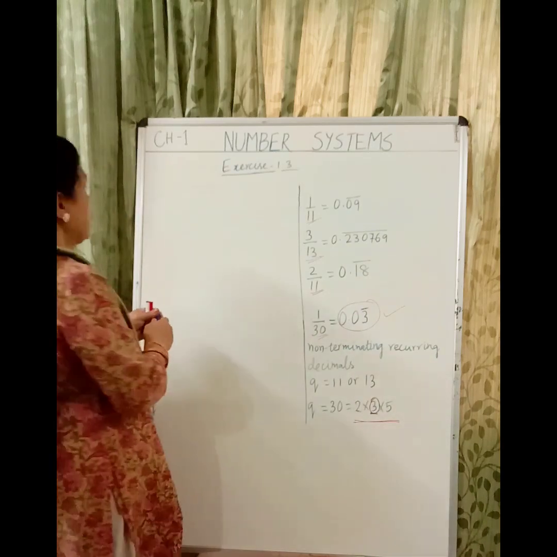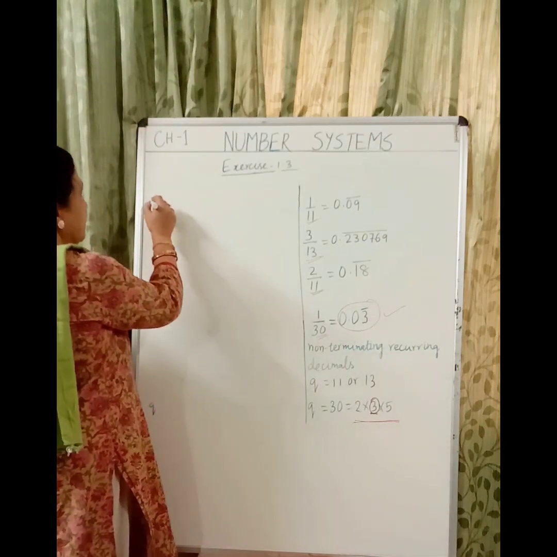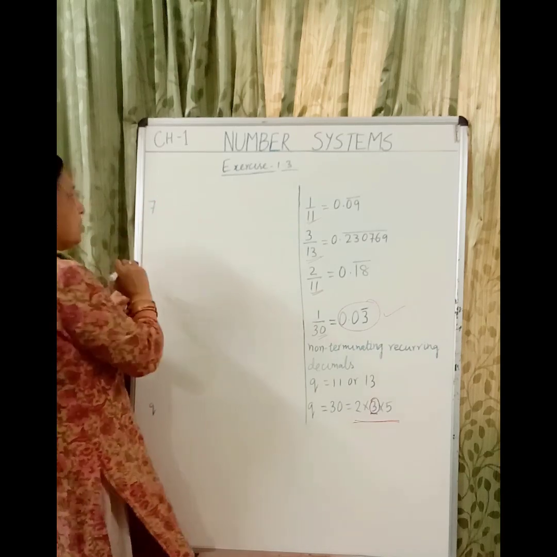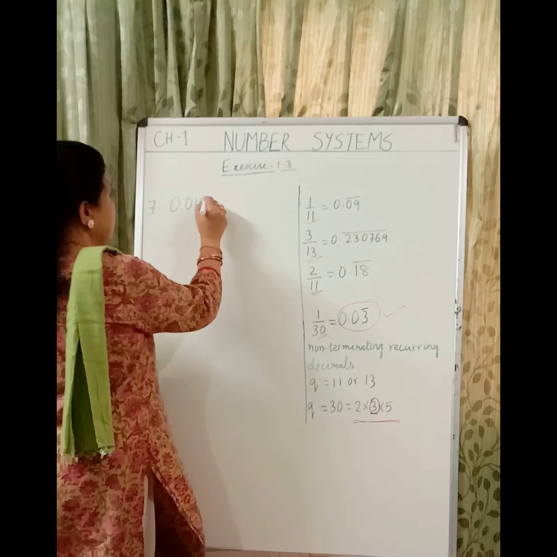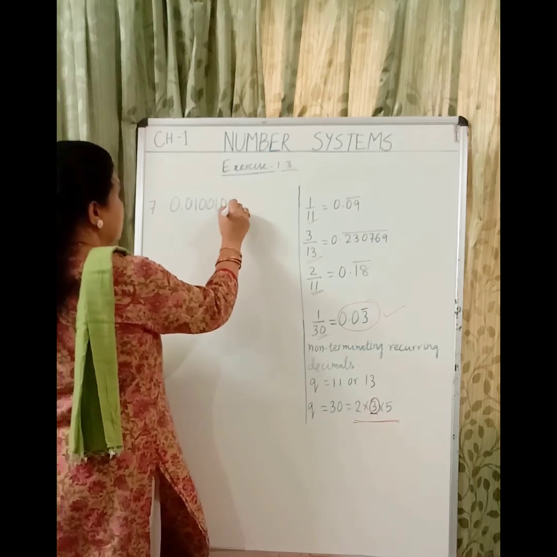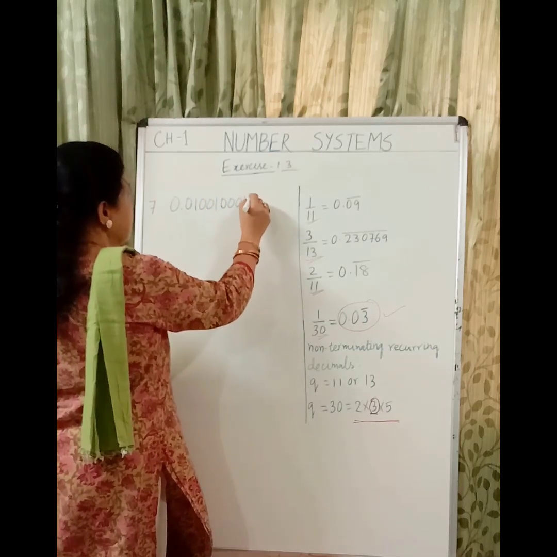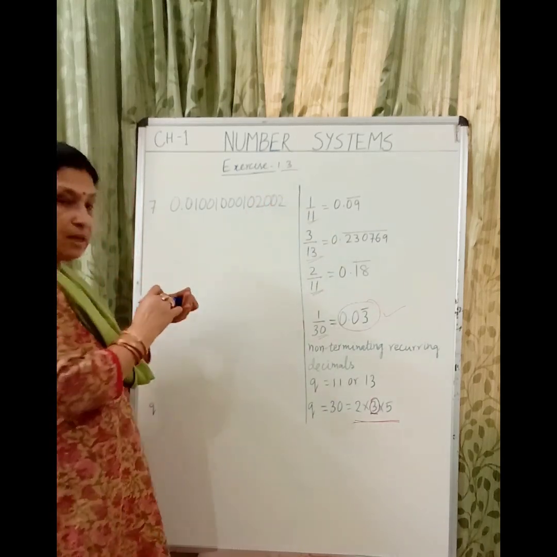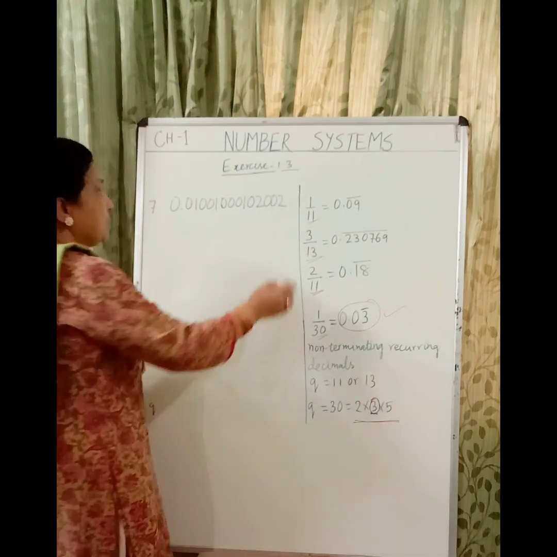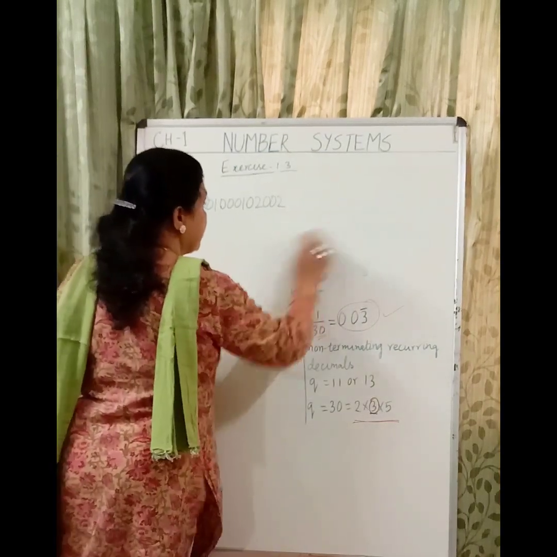Three examples. We can take any number. Suppose we have 0.01, 001, 0001, 0001, 02, 002, and the division continues like this.